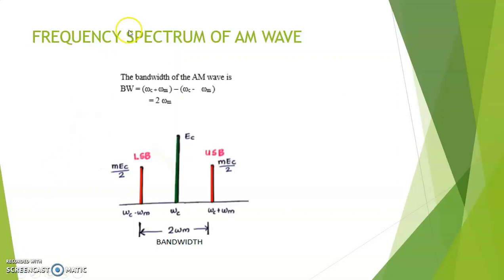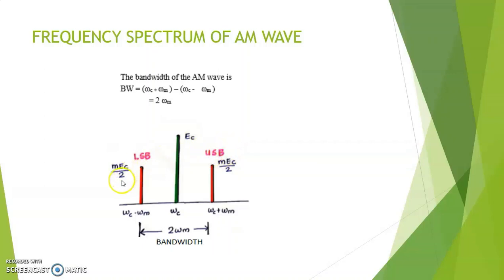Next we have the frequency spectrum of AM wave. So frequency spectrum means we are going to plot the bandwidth against the amplitude of the 3 terms that we studied. So we saw that the final expression contains 3 terms. One is the lower side band, then we have the carrier component, and we also have the upper side band.